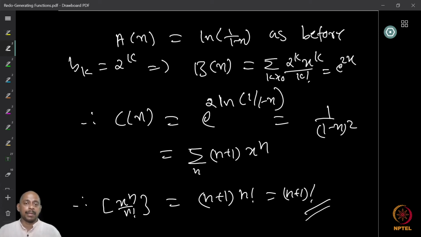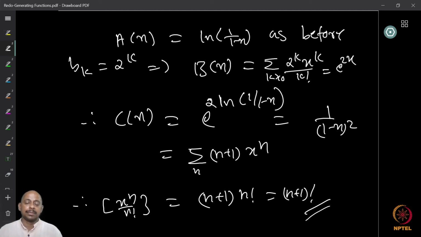This is kind of surprising, because when we do this serving of juice or water, 2 raised to k is coming in, and we would feel that the factor of 2 raised to k must be present somewhere, but that is not the case.